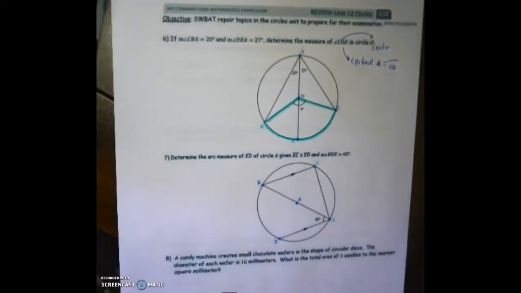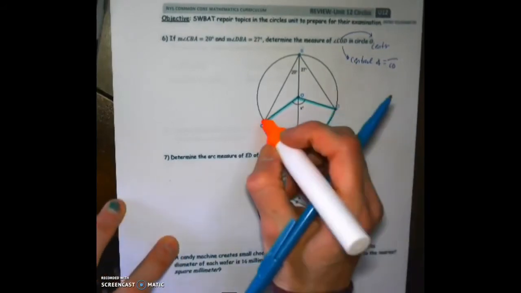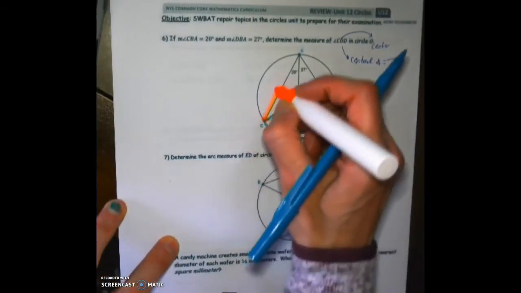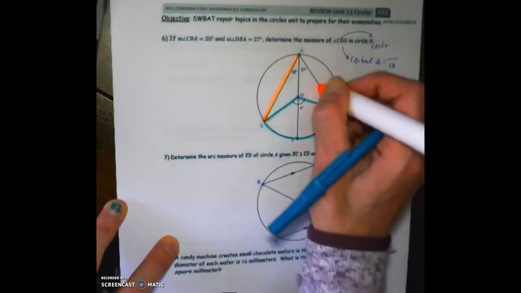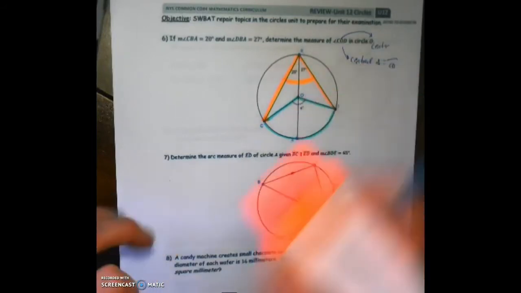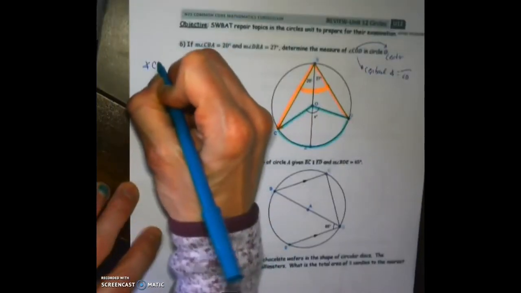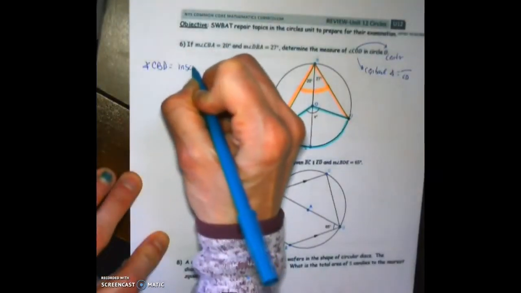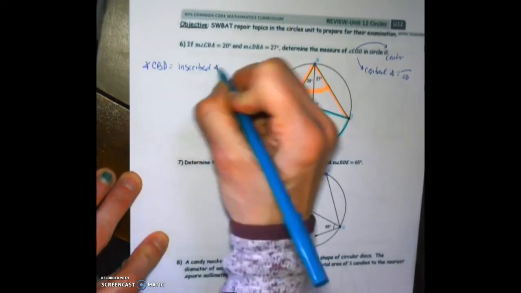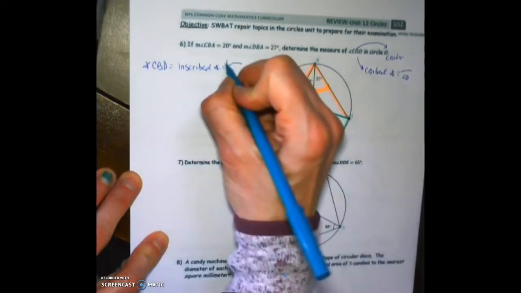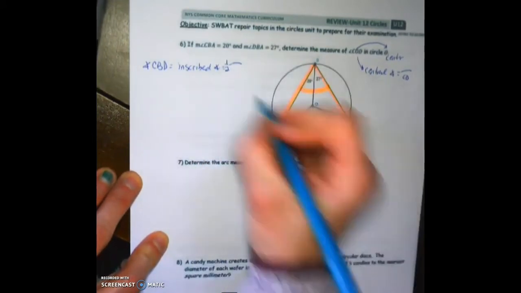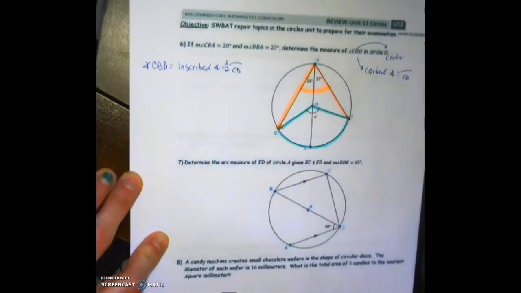So let's go back. If I lead arc CD back to possibly another angle, let's see what we have. Ooh, look at this. Angle CBD is an inscribed angle, and inscribed angles are equal to half of their intercepted arcs, in this case arc CD.